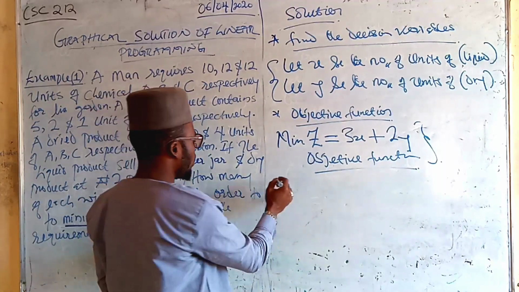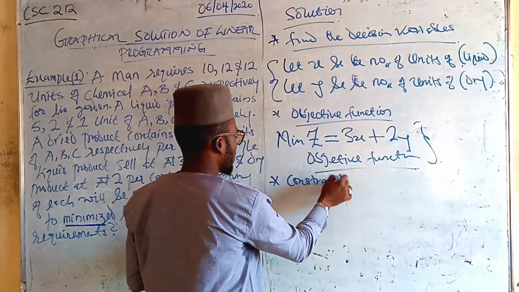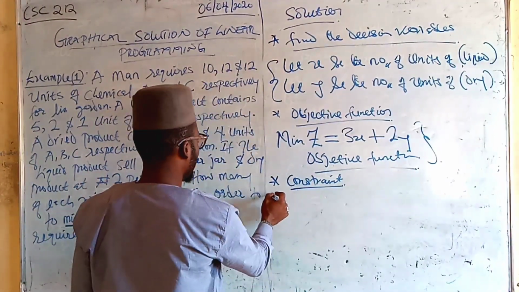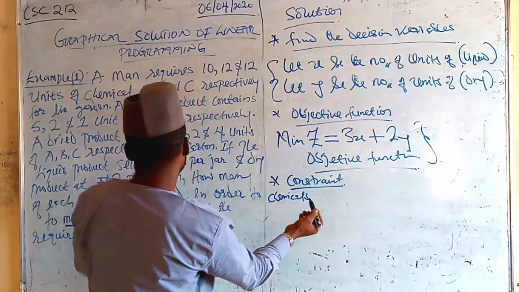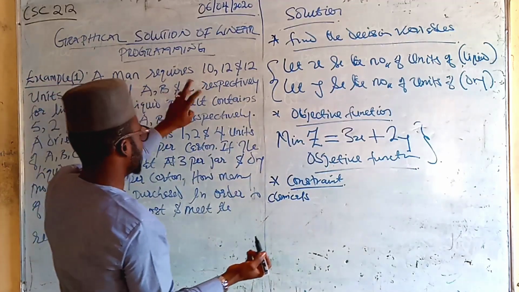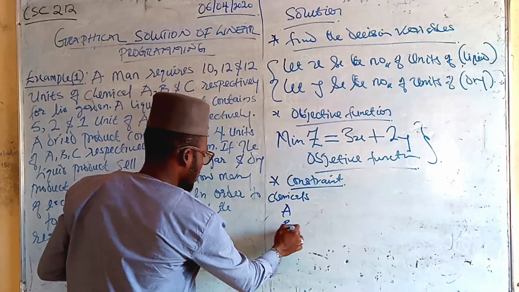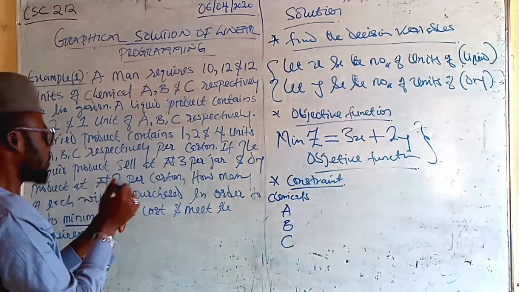So now, how are we going to find our constraints? The constraints in this problem are nothing but our chemicals. We have chemical A, chemical B, and chemical C respectively.